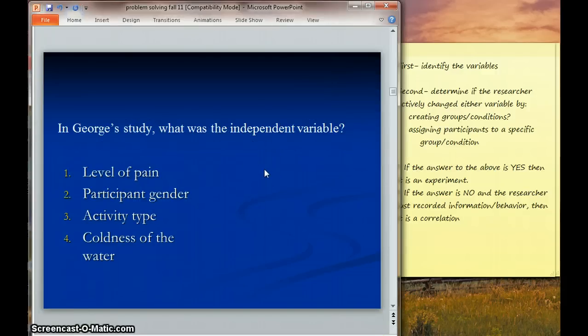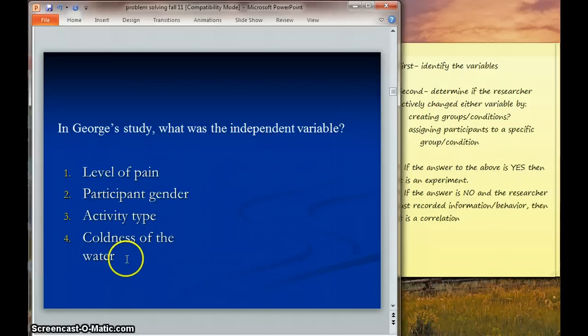In that study, you have to remember what the study said. What was the independent variable? What was he actively manipulating? Was he actively manipulating the level of pain that people were experiencing? Was he actively manipulating their gender? Well, no, that wouldn't be possible. Was he actively manipulating the type of activity they were doing?